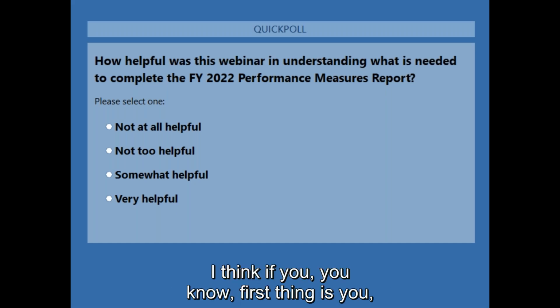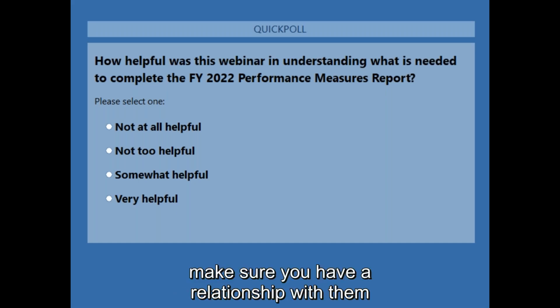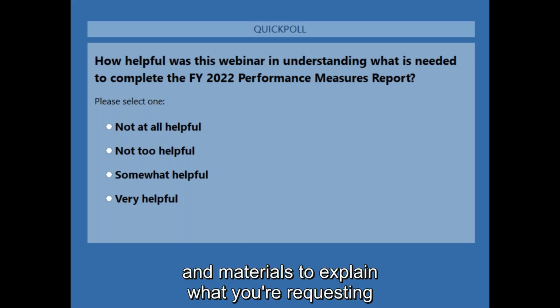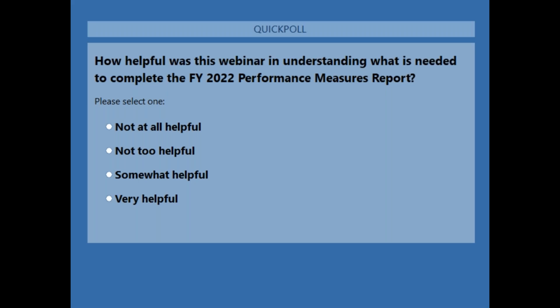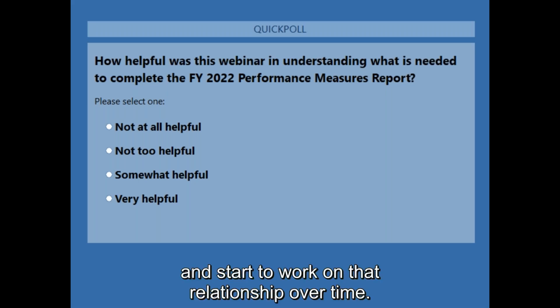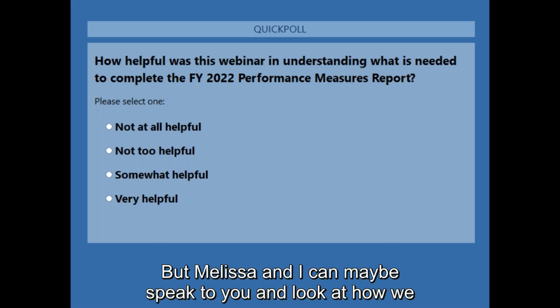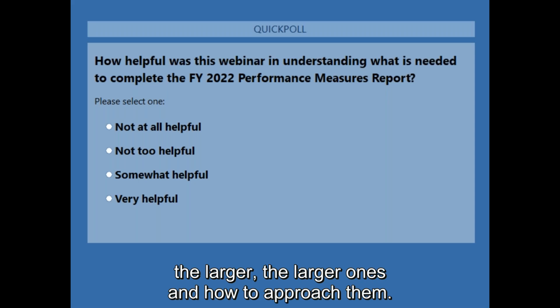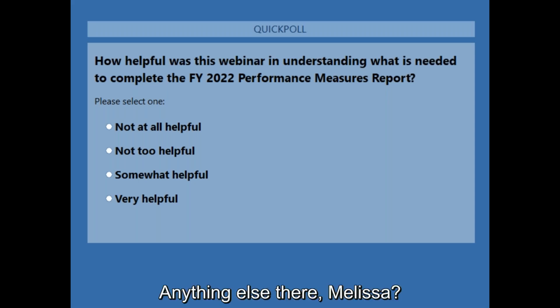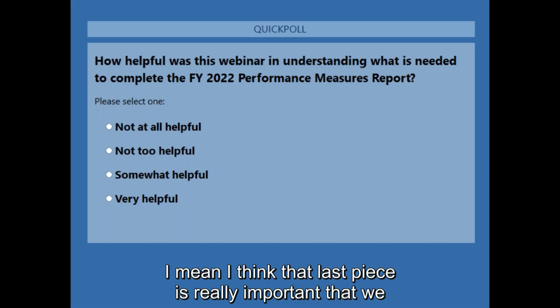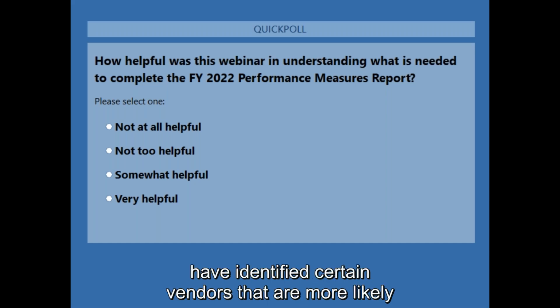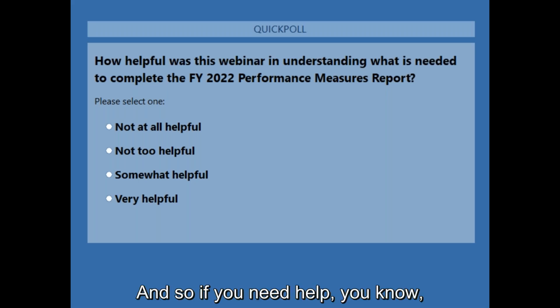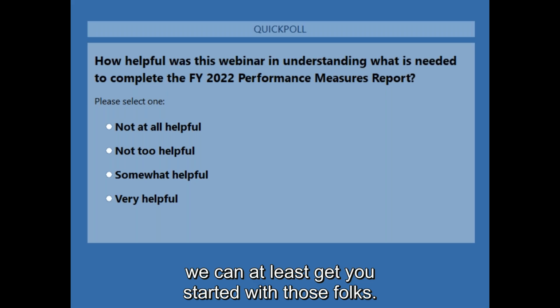I think the first thing is you would need to make sure you have a relationship with them, and materials to explain what you're requesting, and start to work on that relationship over time. But Melissa and I can maybe speak to you and look at how we can work on identifying which are the most important, the larger ones, and how to approach them. Anything else there, Melissa? No, I mean, I think that last piece is really important, that we have identified certain vendors that are more likely to give folks data. And so if you need help, we can at least get you started with those folks.